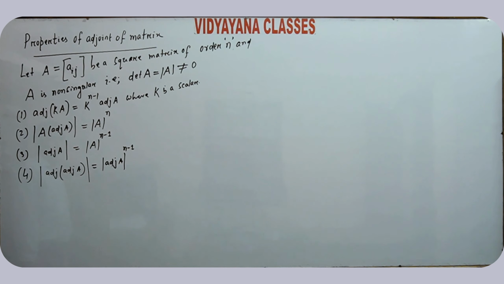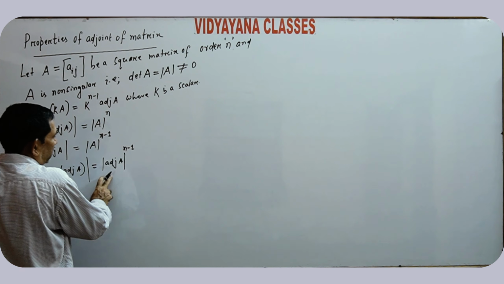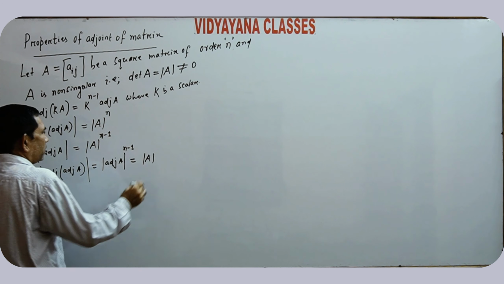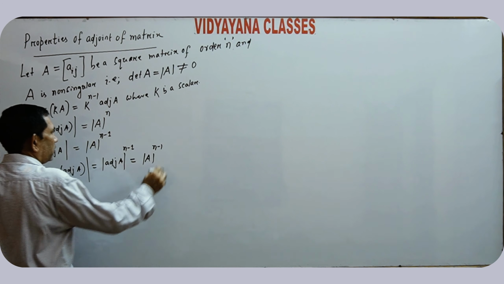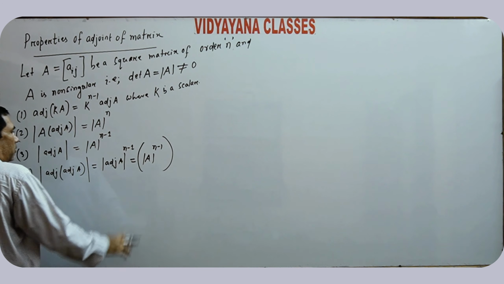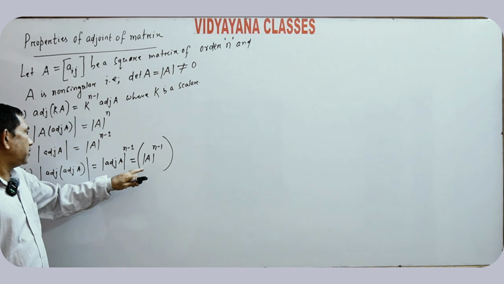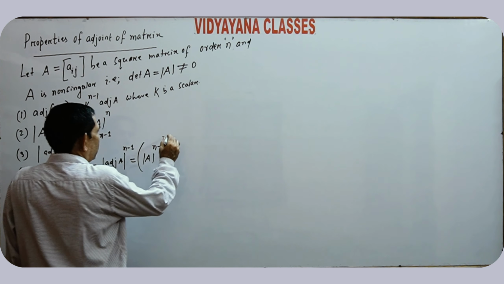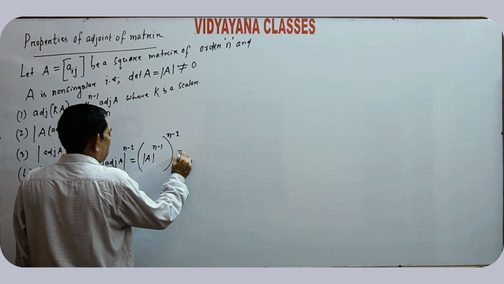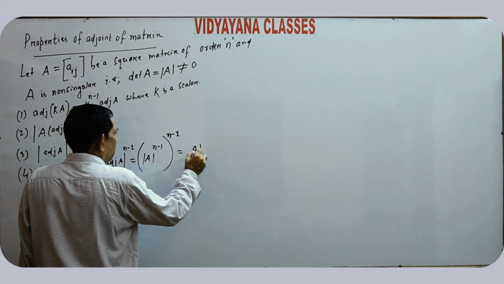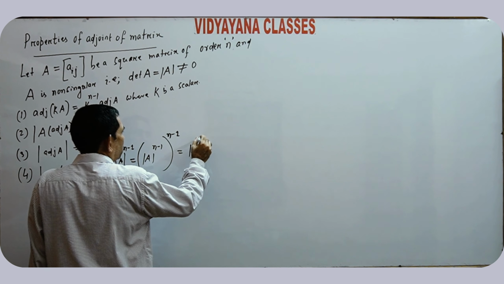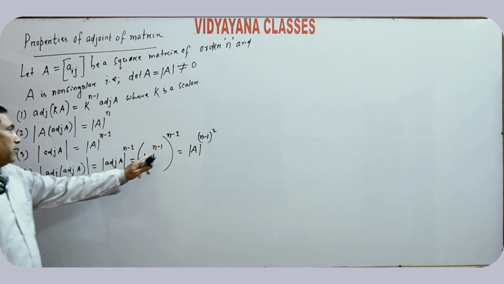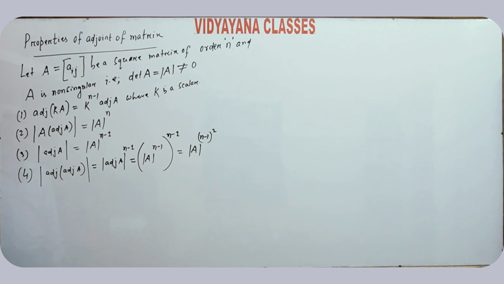But determinant of adjoint A is equal to determinant of A whole to the power n minus 1. So it is determinant of A whole to the power n minus 1 to the power n minus 1, which is equal to determinant of A whole to the power n minus 1 whole square. It is the fourth property.